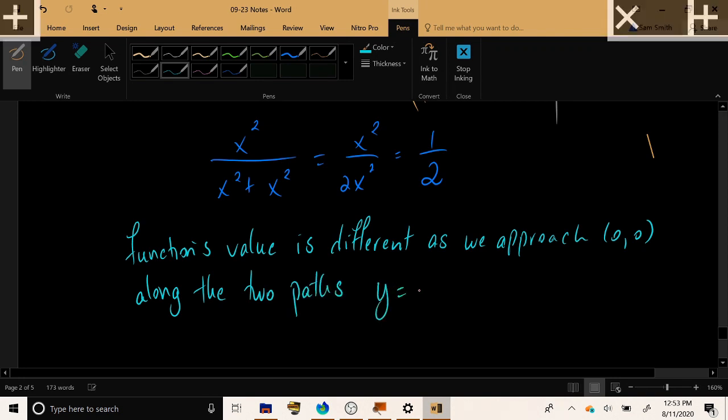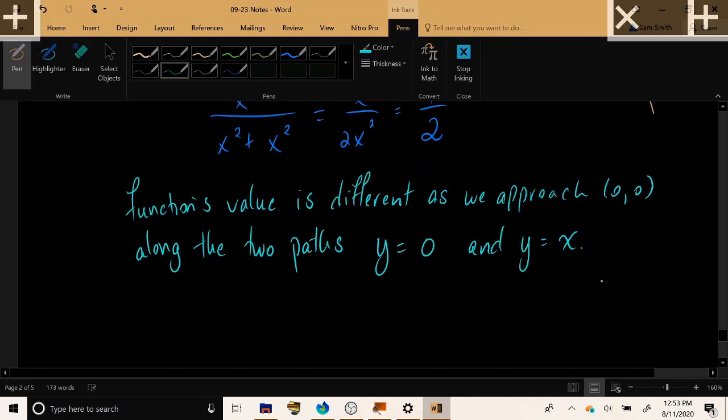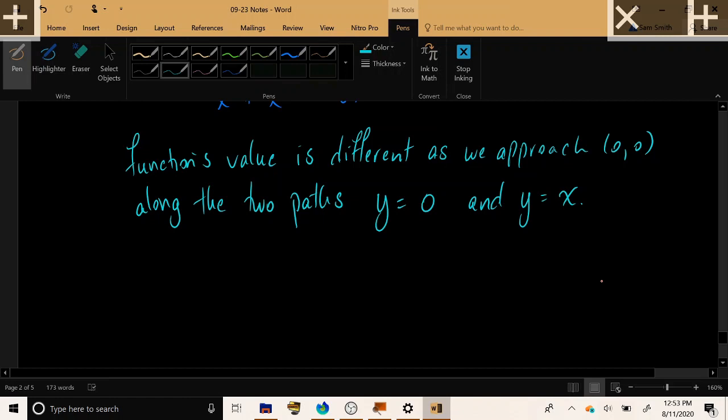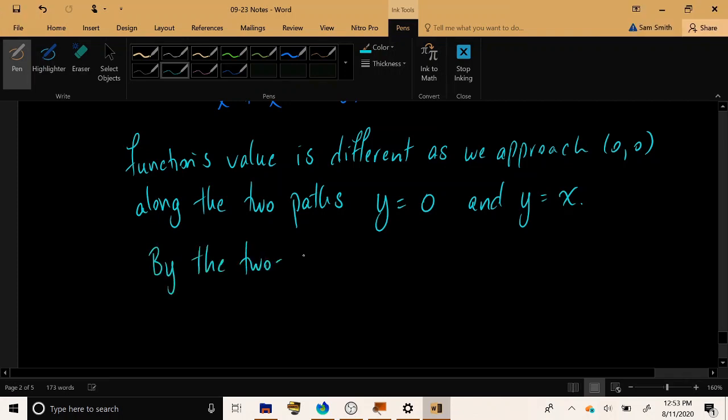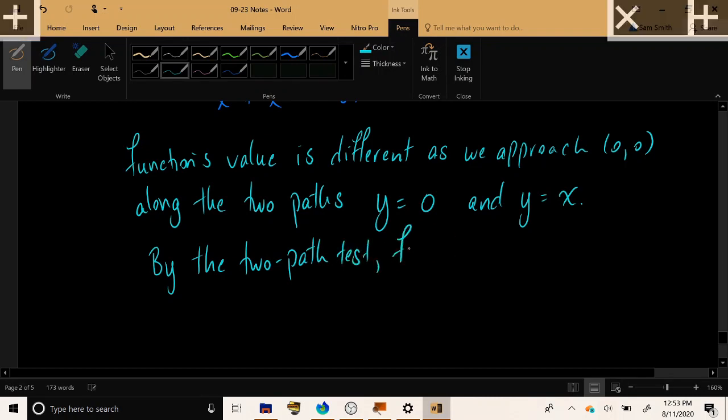The first one was y equals 0, and the second one was y equals x. Since we got a different value from these two different paths, we can conclude by the two-path test that the function's limit does not exist.